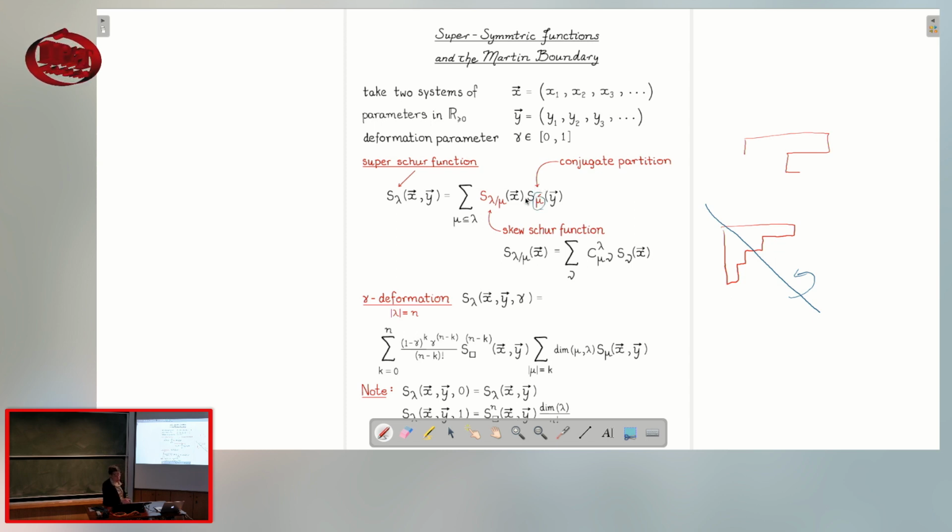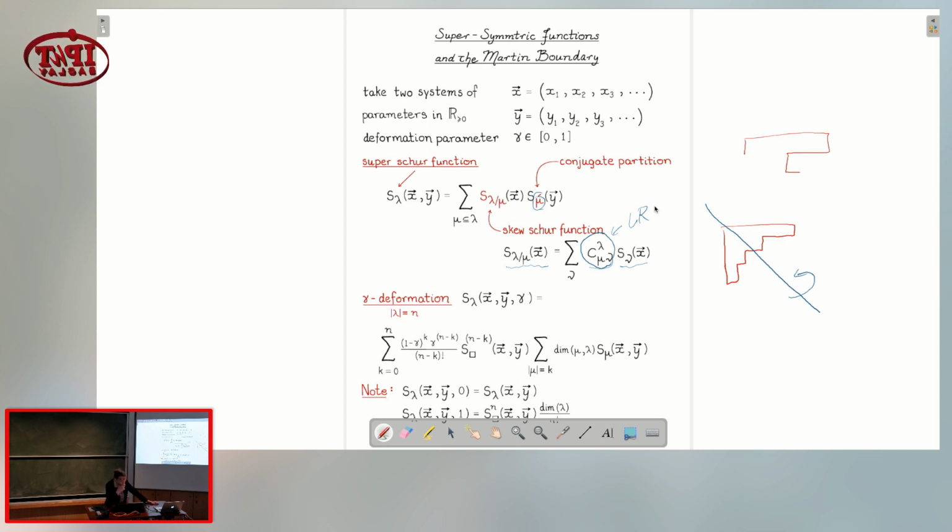So I take the Schur function of the conjugate partition of mu in the y's, and then the so-called skew Schur function in the x's, where the skew Schur function is itself a sum of Schur functions, whose expansion parameters are exactly these Littlewood-Richardson coefficients. If instead of mu prime you had taken mu, you would have recovered the S lambda of x and y.